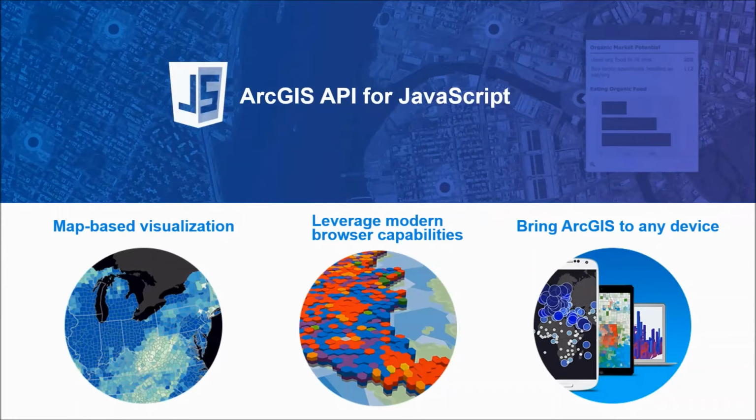Okay, so what is the ArcGIS API for JavaScript used for? The simple answer is ArcGIS Online. The functionality behind ArcGIS Online is all in the API, and it's all developed on top of the JavaScript API.